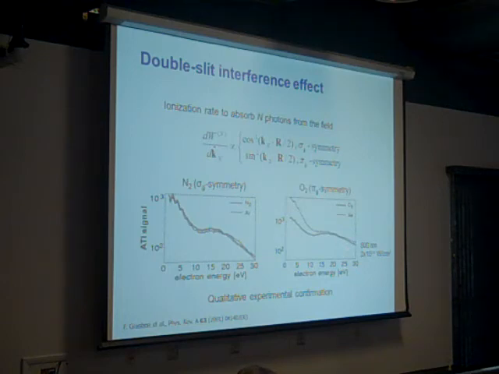So qualitatively, we see this kind of suppression, and we can explain it already due to this kind of interference effect, that we should have this suppression in the ionization of O2 as compared to N2, but we cannot fully quantitatively describe it because our theory would say it should go to zero. Now, certainly, if you do this fully numerically, we can describe this whole thing completely, but it's much harder.